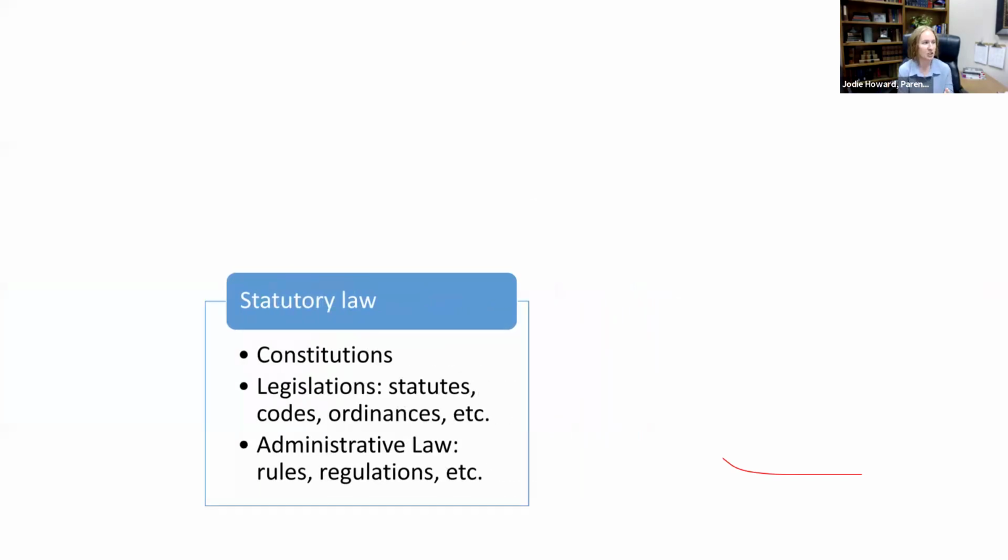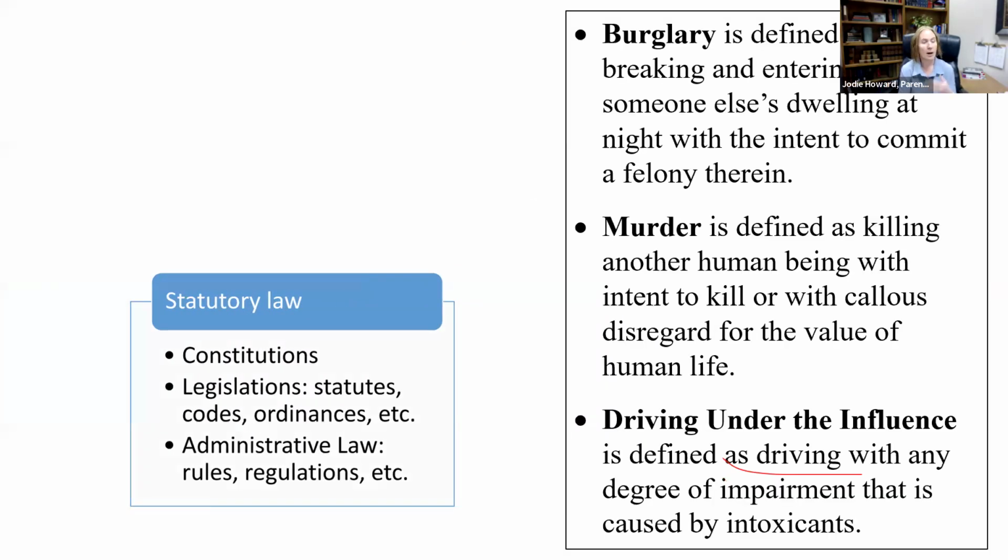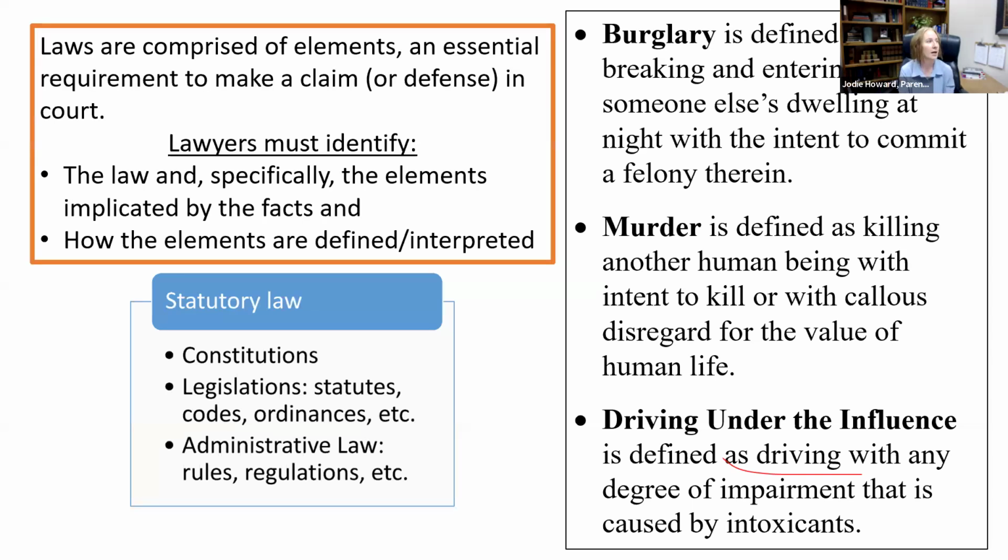So let's look at the statutory law for just a second. I'm going to put up, these aren't actual statutes. I've shortened them, made them very simple for our purposes today. But let's assume that these are the way that our codes have defined burglary, murder, and driving under the influence, all of which you recognized from the fact pattern as potential legal issues, right?